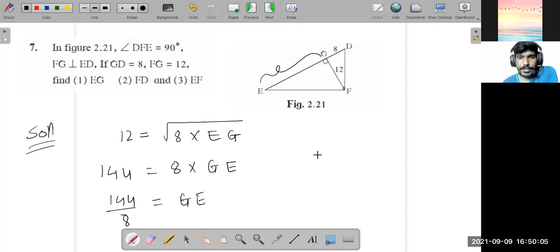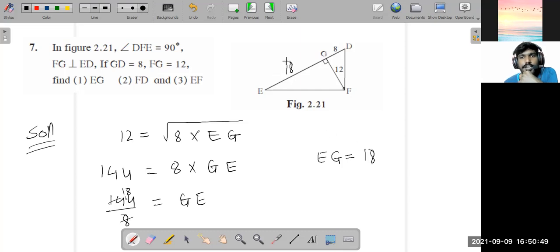How much is 144 divided by 8? How much did you get for EG? 18.